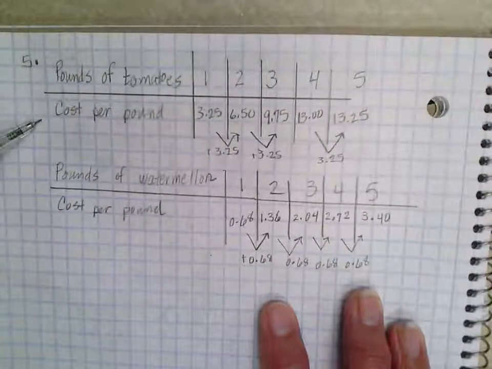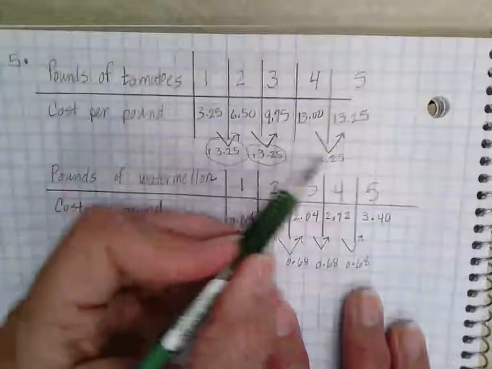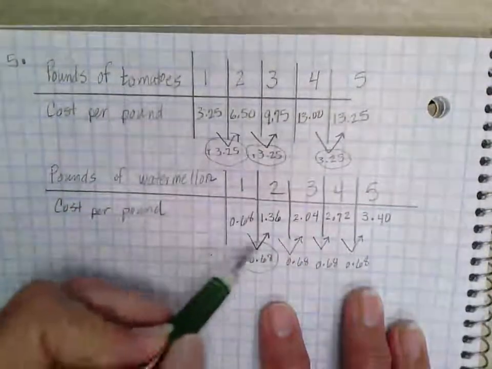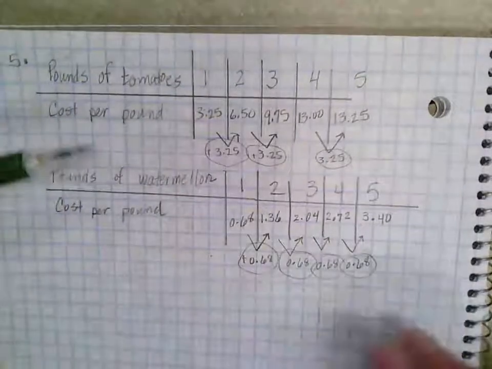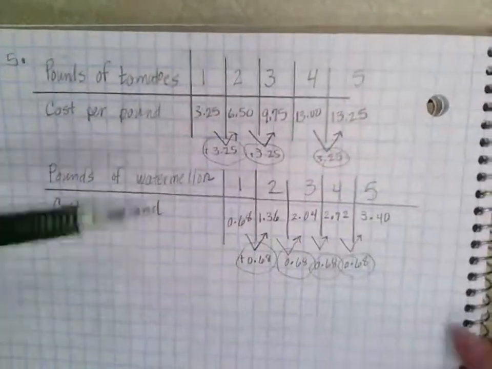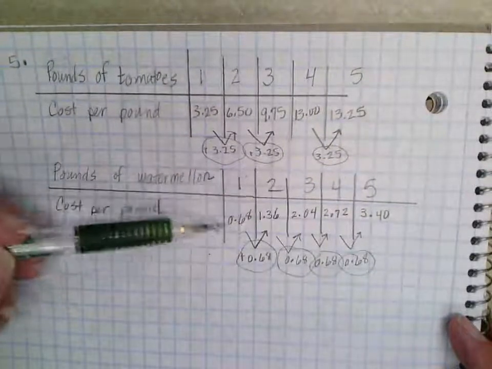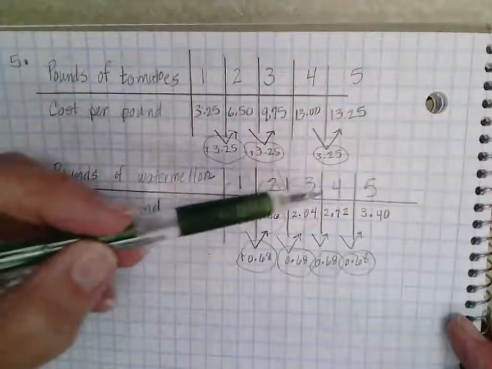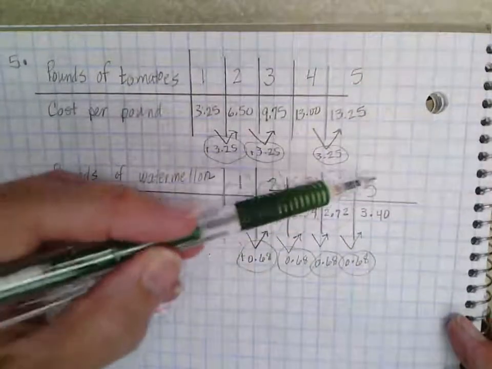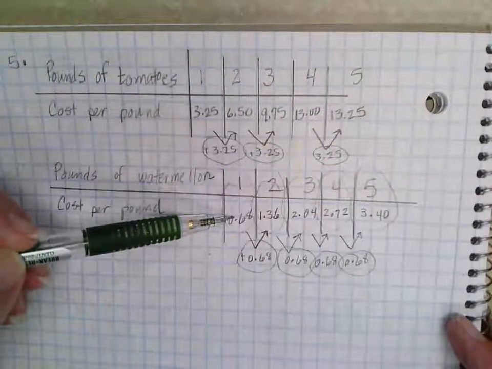In this proportion table, this is the constant of proportionality. Constant because it's the same. Proportionality because these ratios up above, this ratio and this ratio and this ratio, all simplify to the same ratio, which is 1 to 68 hundredths.